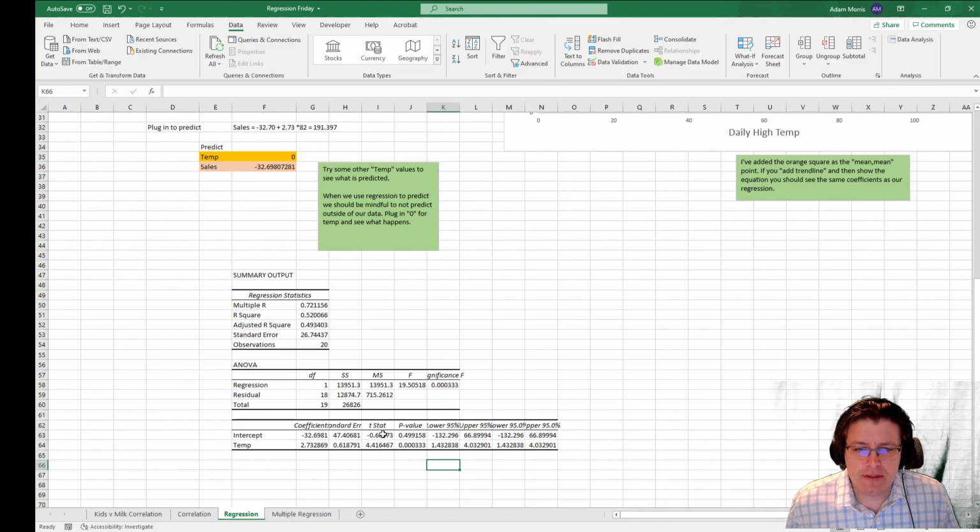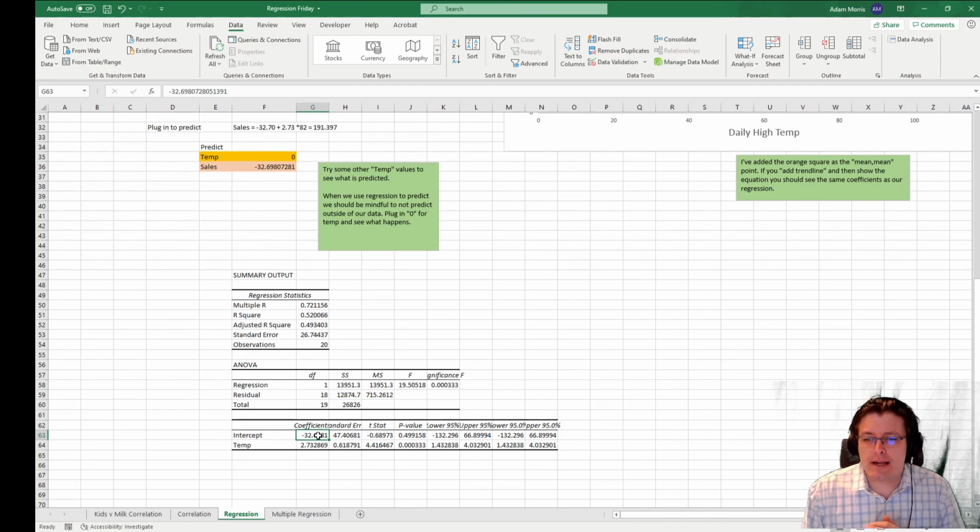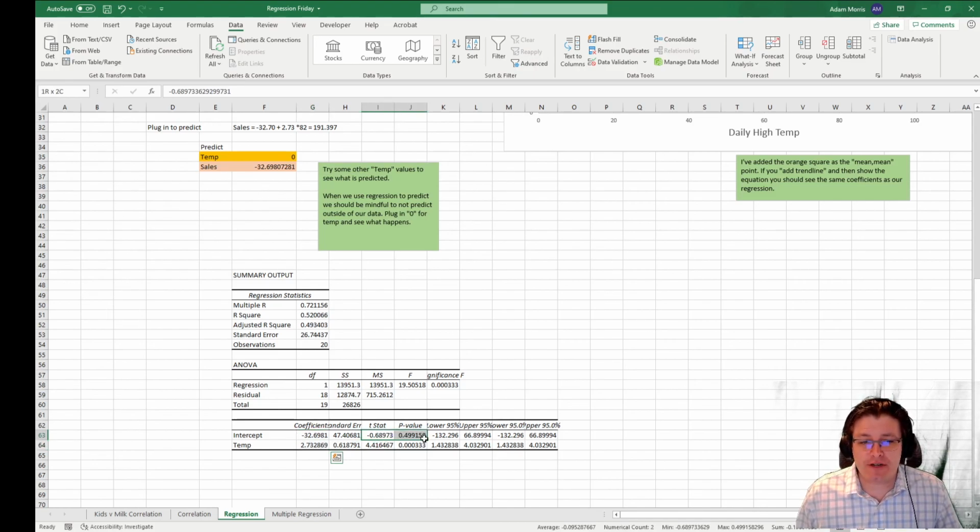Or sorry, around our coefficients. A couple of things: we call these coefficients. This is the coefficient on the intercept, and this is the coefficient on the temperature. We'll talk more about interpreting this, but this is where you want to start looking. We have the values to describe our line. We have our t-stats, which we've been typically calling t-values throughout the course, and then we have p-values.